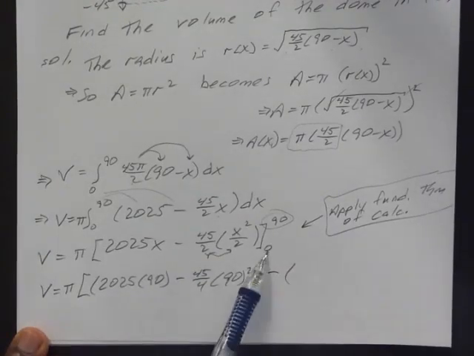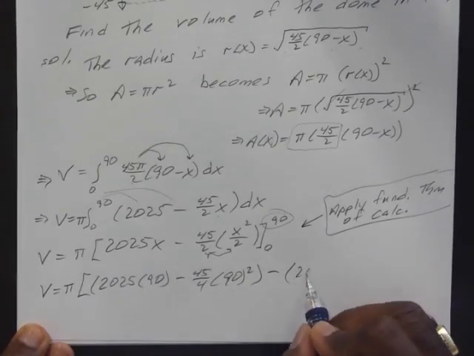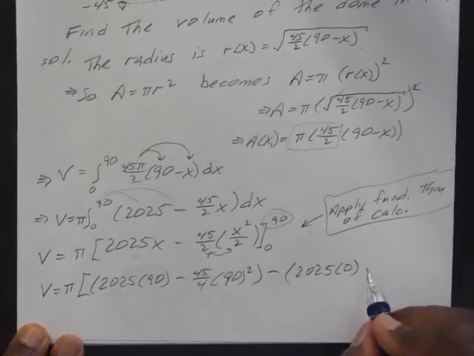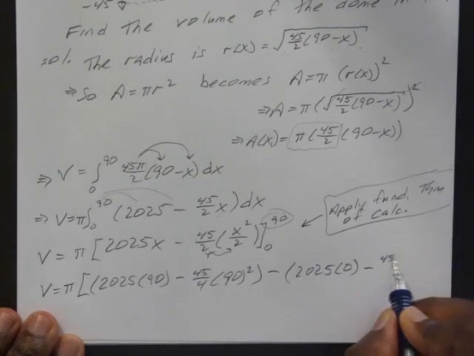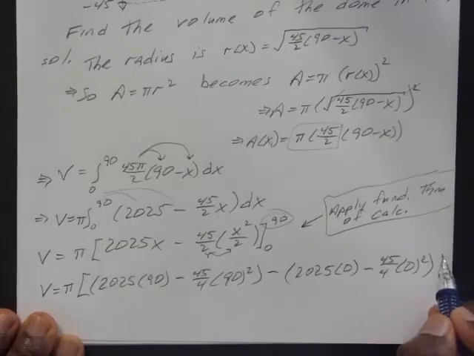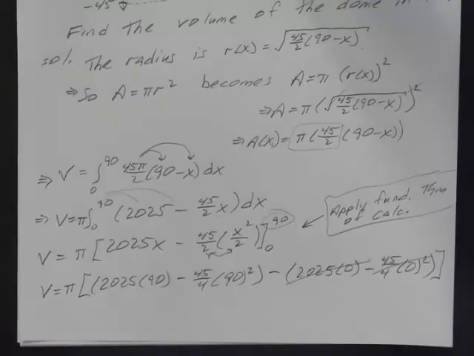Minus, I would go ahead and plug in our lower bound, but we can see that's 0, but I'll plug it in anyway. 2025 times 0 minus 45 over 4 times 0 squared. All right, we can see those just disappear since they're equal to 0.